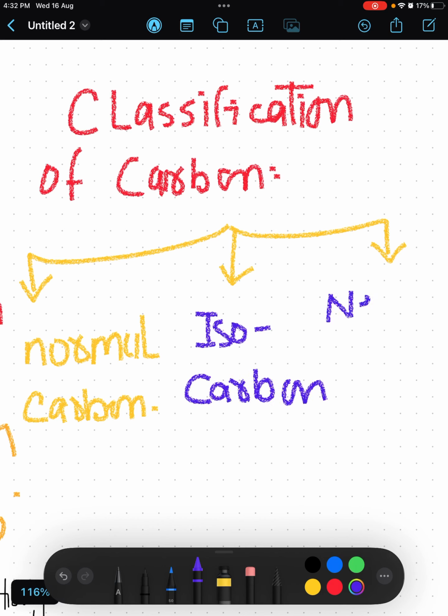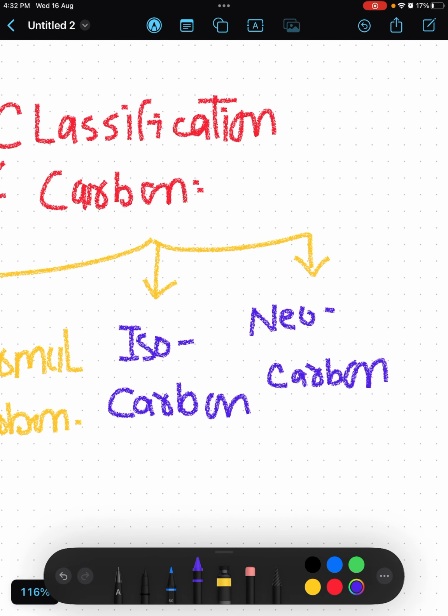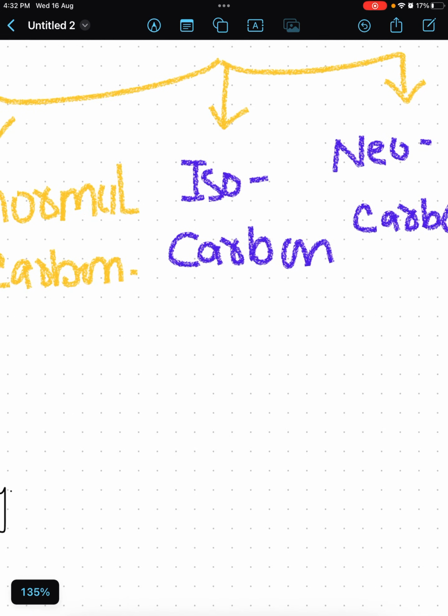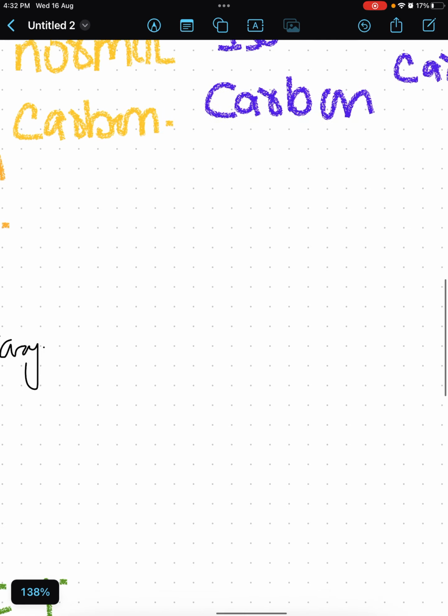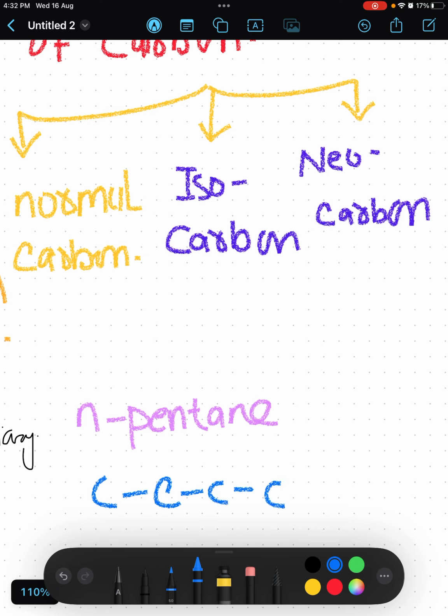And the third one is the neocarbon. Now if we talk about normal carbon, for example if I want to draw the structure of pentane, which is normal pentane, what will be its structure? It will be like this: carbon bond, carbon bond, carbon, carbon. You can also put hydrogen in this. I'm just giving you examples. This is basically n-pentane, right?